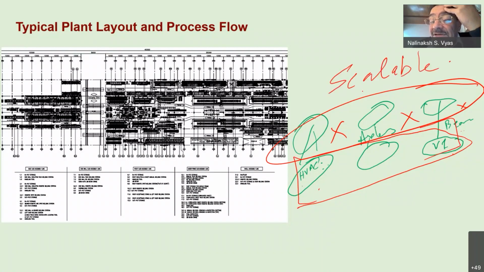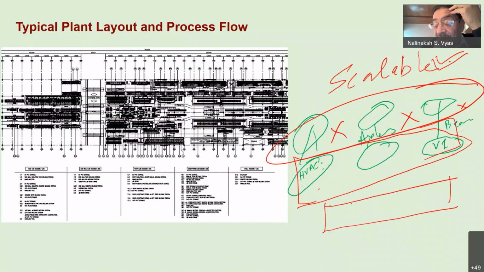This scalability issue is one issue that one needs to address. You need a common protocol for all these sensors to be talking to, where they can communicate the raw data.